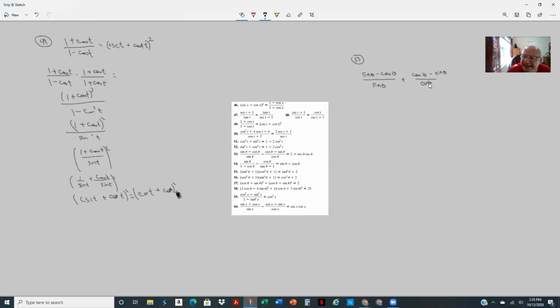You have to make sure you write the problem down correctly, because if you don't, then it becomes a lot more complicated and you can't do it.